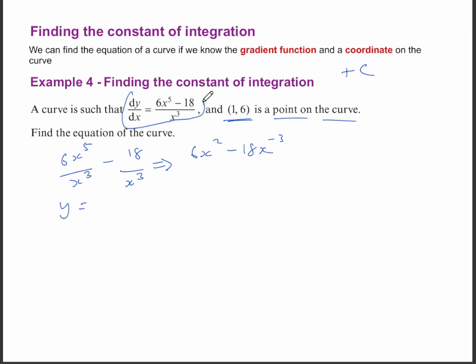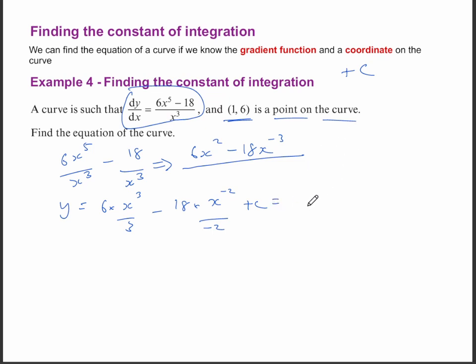From this right here, we will have to integrate this in order to get our y. Right? So we integrate this right here, which will give us 6 times x power 3 over 3 minus 18 times x power negative 2 over negative 2. And then obviously we have our plus c.